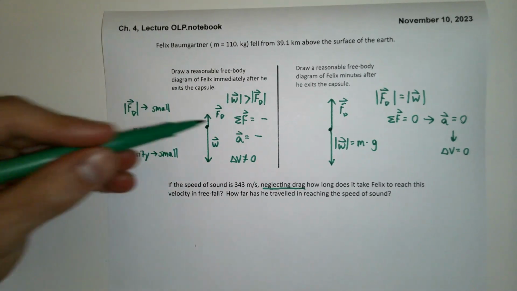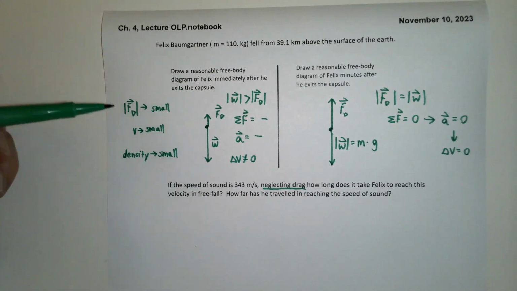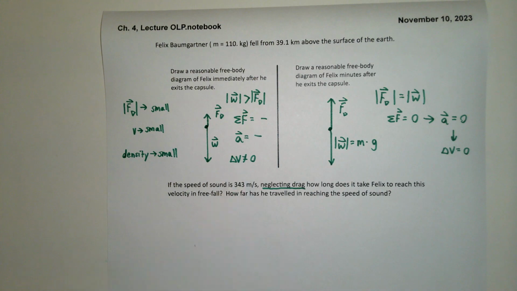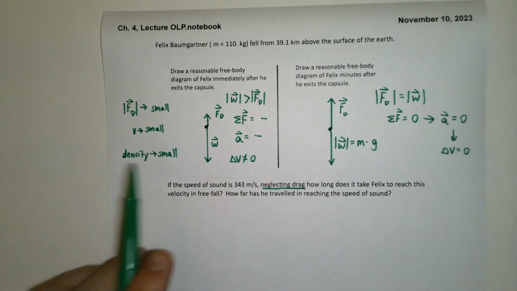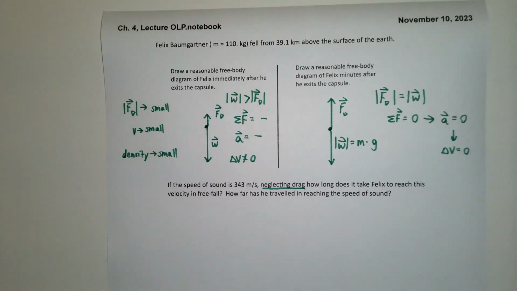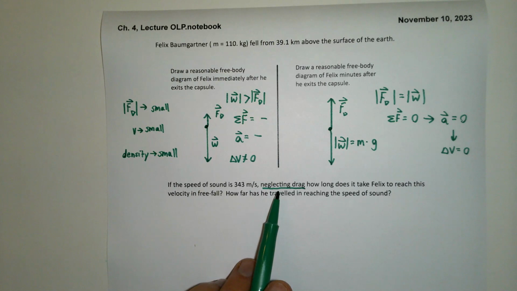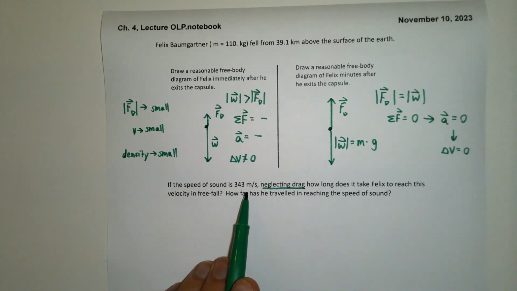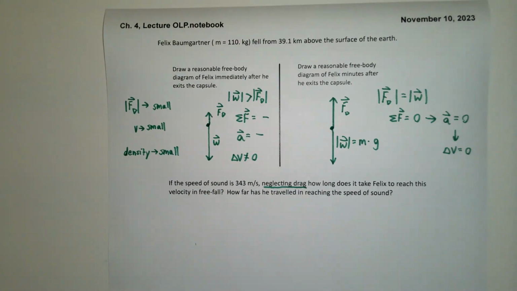There is some change in velocity, but the density at 39.1 kilometers above the surface of the Earth is very small. So it's reasonable to calculate how long it takes him to reach this velocity by neglecting drag.